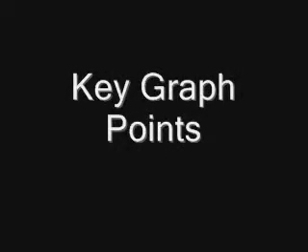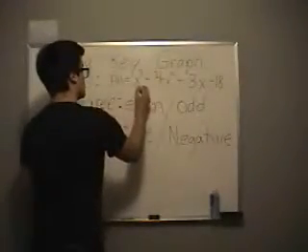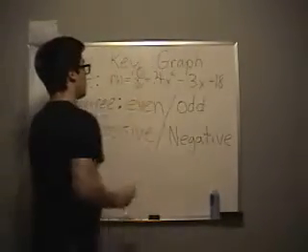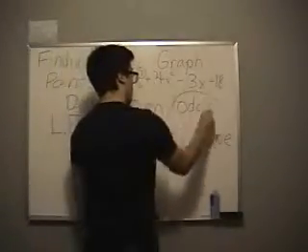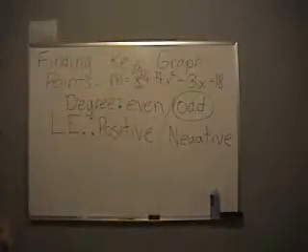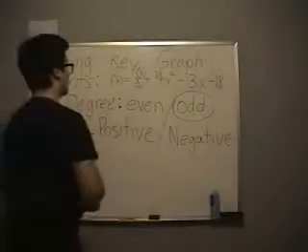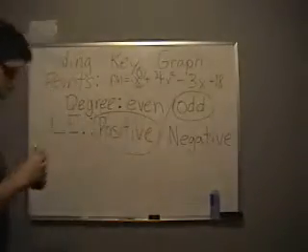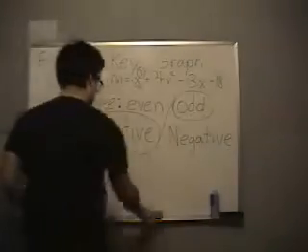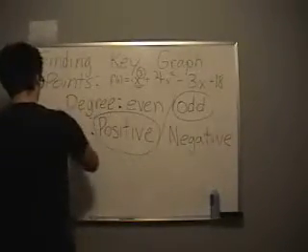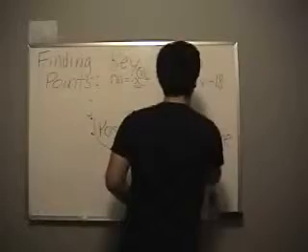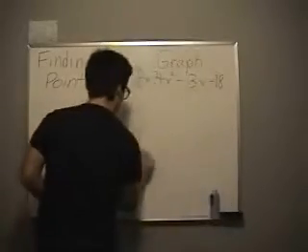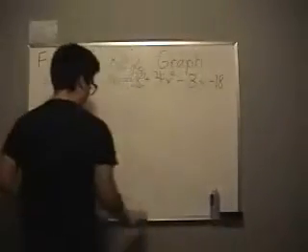Key graph points. To find the degree, you must first look at the first power, which would be the biggest, and find which exponent it is, which is 3, an odd number. So your degree is odd. And you find that the leading coefficient is positive. Next, you must find the graph interpretation.